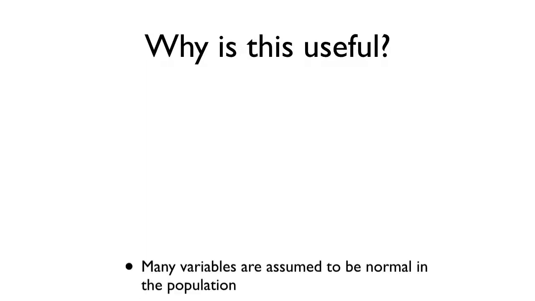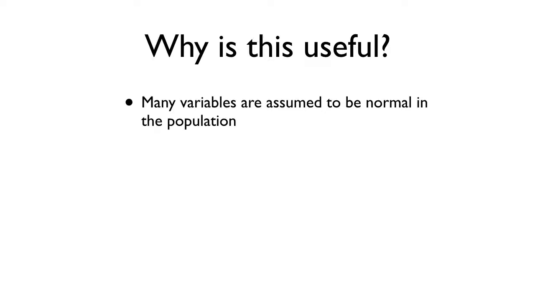So why is this useful? A lot of variables are distributed this way in the population. It is true. Probably things like human height are distributed normally. I think it's a pretty good guess. I think, well, we know that IQ is normally distributed because the tests are designed that way. A lot of characteristics of biological systems go this way.